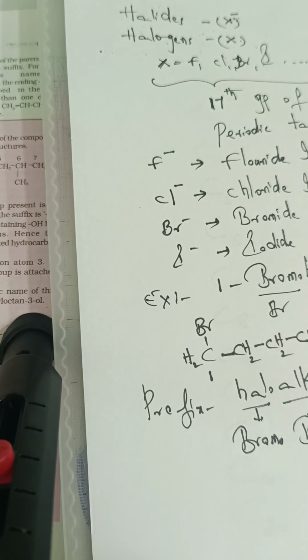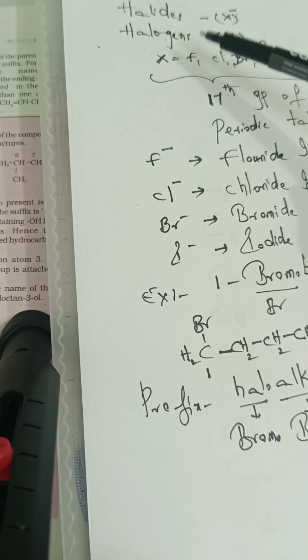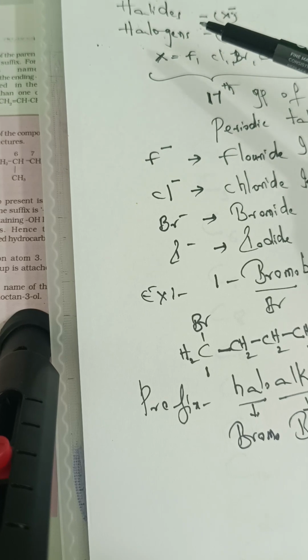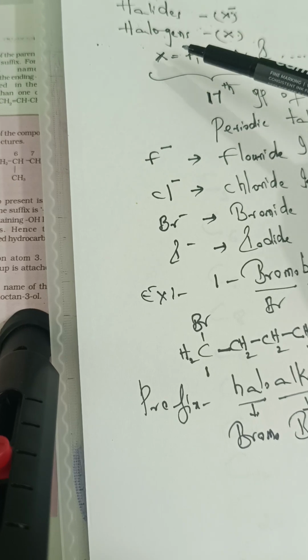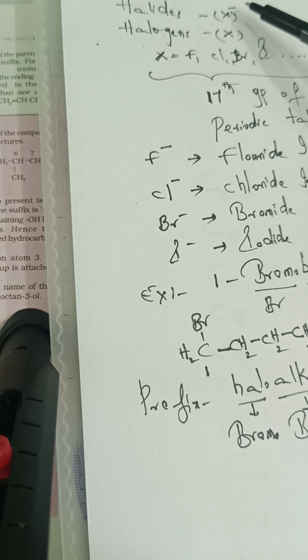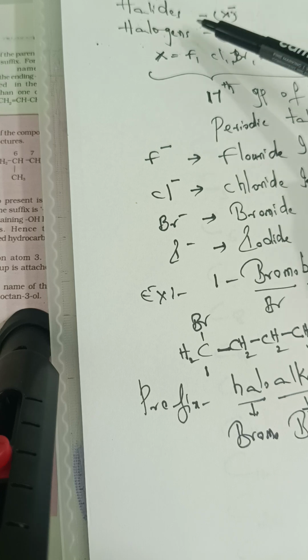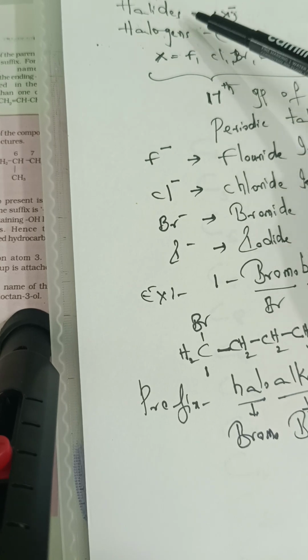Today in this class, we are going to deal with halides in detail. In the last class, we dealt with halogens. What is the symbol for halogens? X. Halogens are represented with the symbol X. Whereas if there is a negative charge on a halogen atom, we name it a halide.